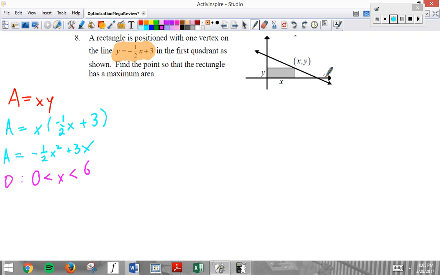So now, A prime is negative x plus 3. Whoa, equals sign, buddy.